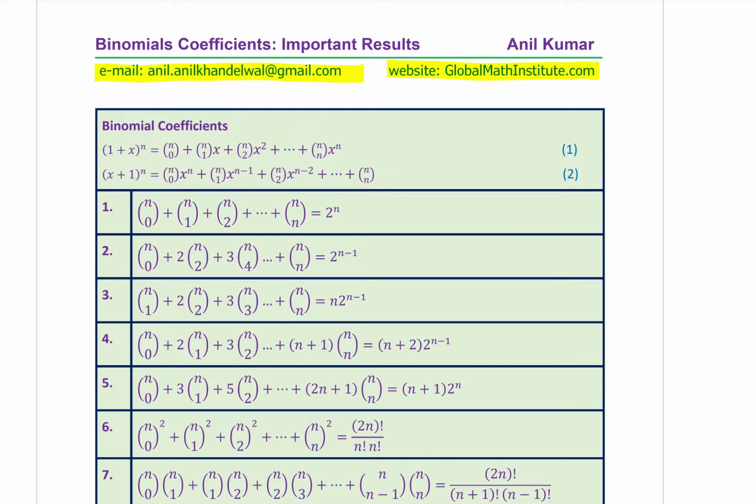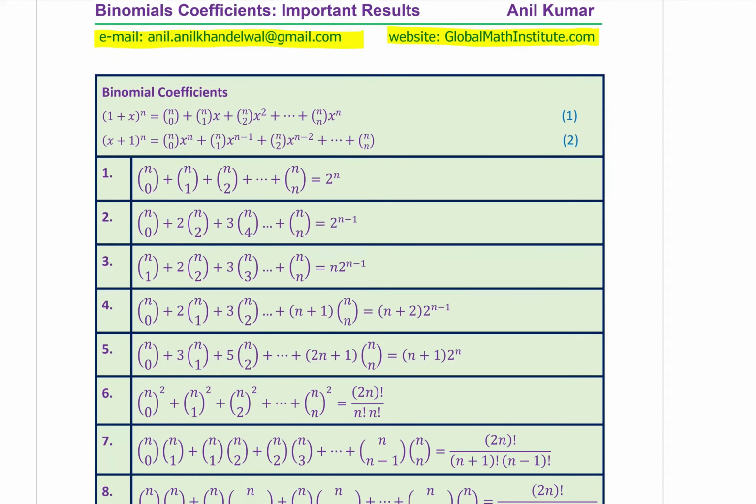So we'll consider about 9 important questions based on binomial coefficients as given here. We'll actually have a common type of proof for these, starting with 1 plus x to the power of n, which gives you binomial coefficients with x degree in increasing order.